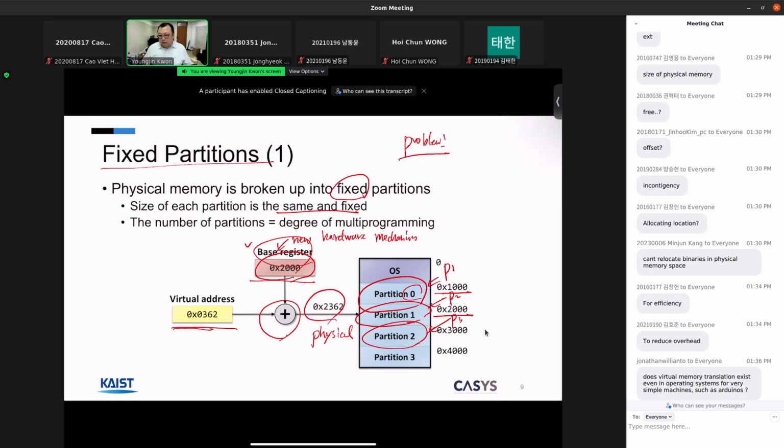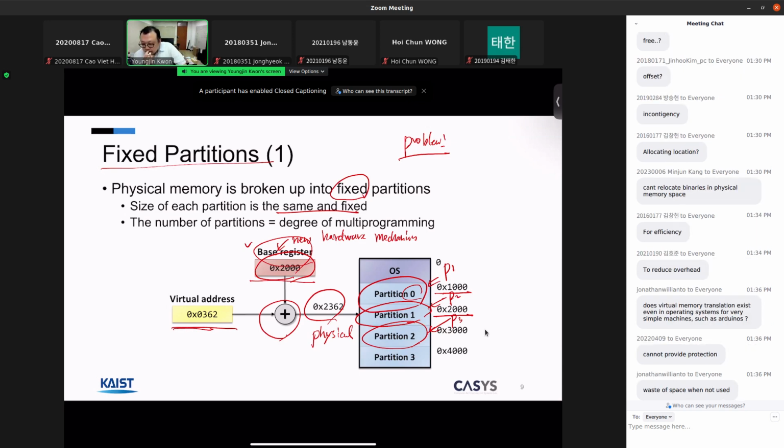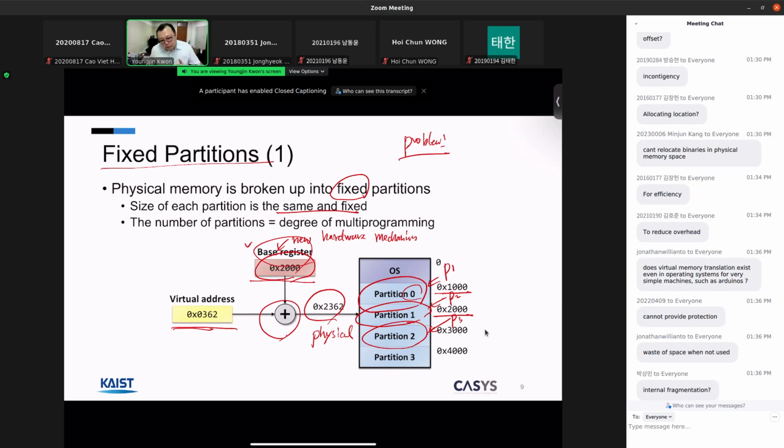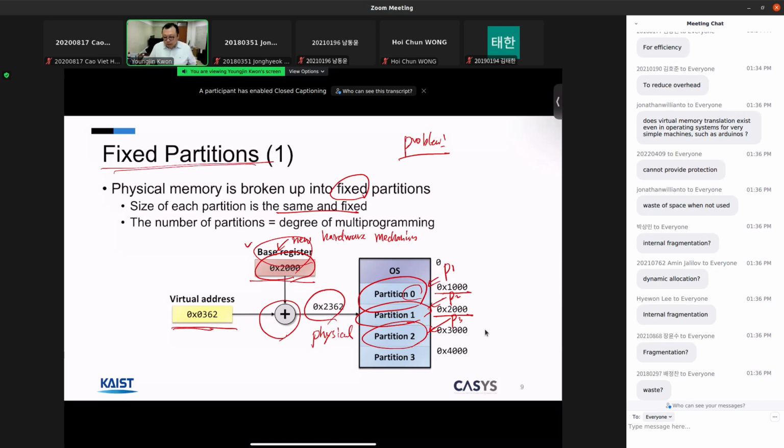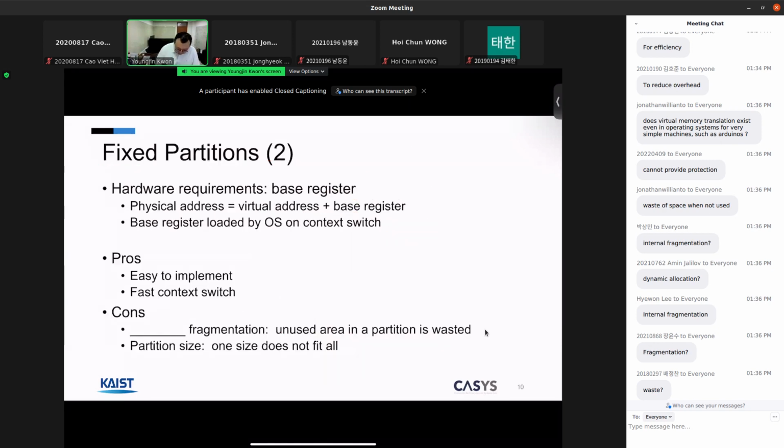What is the problem of this fixed partition? What do you think? First of all, the hardware requirement is just a base register and an adder, so it is very simple and easy to implement.